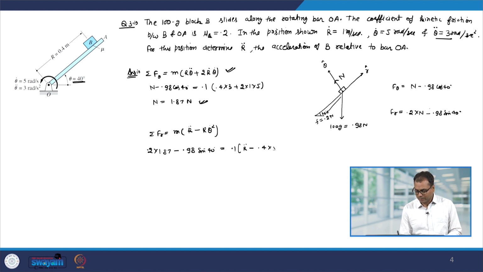So, theta dot is 5, and this gives you r double dot equal to minus 0.04 meter per second square. And the negative sign here indicates that the acceleration of B is directed towards point O.